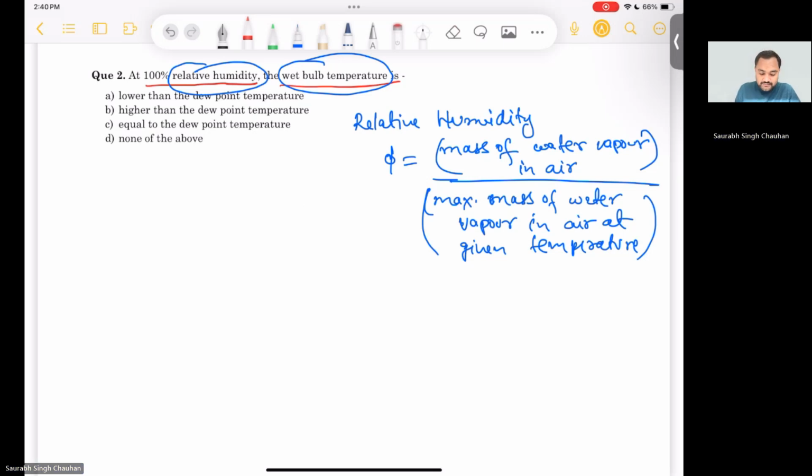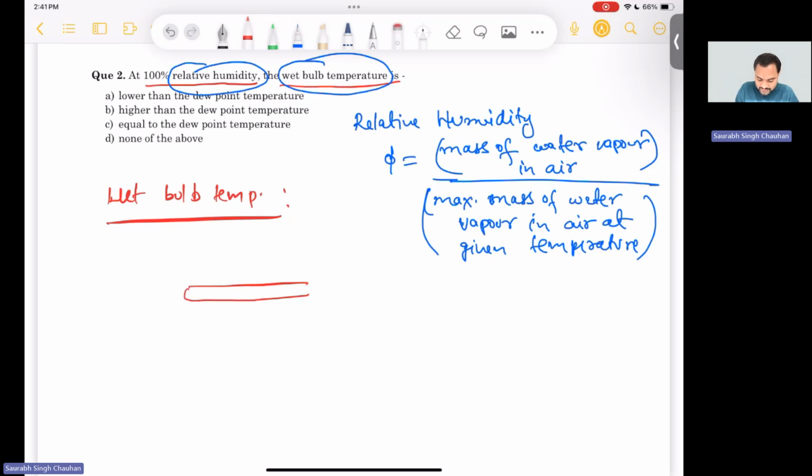And what is wet bulb temperature? Wet bulb temperature is measured by a specific instrument. How to measure that? It is very simple. For example, you have one thermometer.